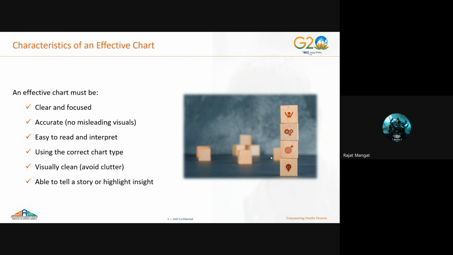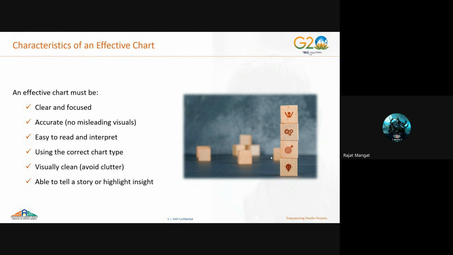We will show you in the next slide, but if you choose the wrong chart, it is not that you will not get the visualization of it. You will get the visualization, but it becomes difficult to derive a decision from it. It becomes difficult to take any decision based on that wrong chart, because you will not be able to understand in which direction the data is pointing us.